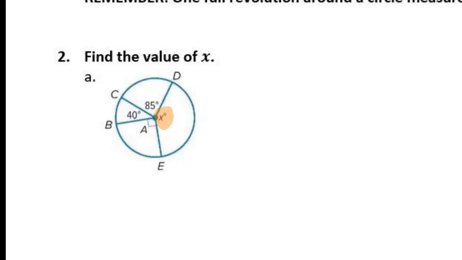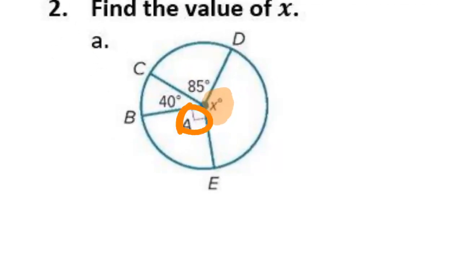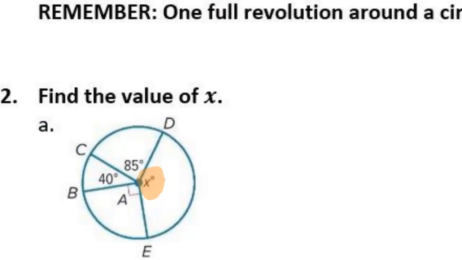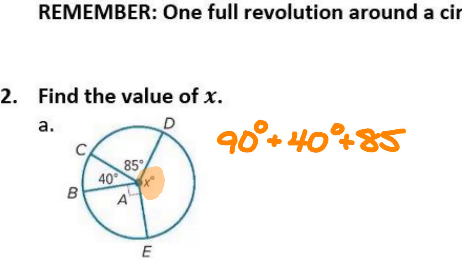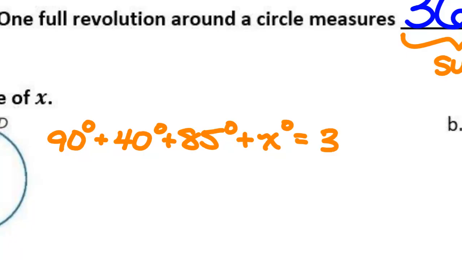So number 2, part A, I'm going to add those central angles together. How big is this angle right here? 90. So we're going to do 90 plus 40 plus 85 plus x equals 360.